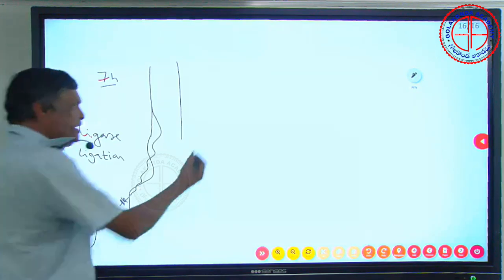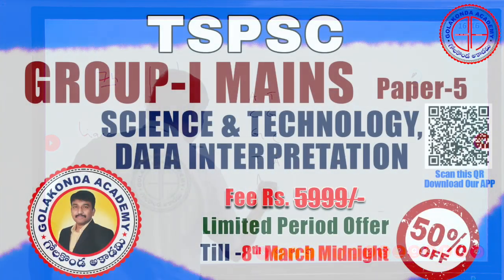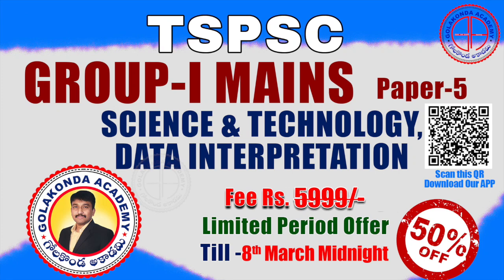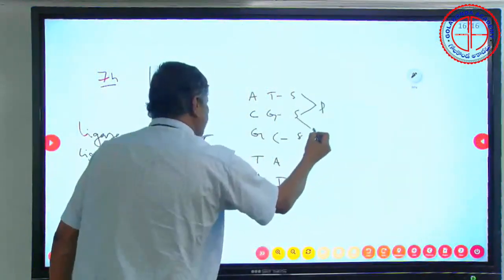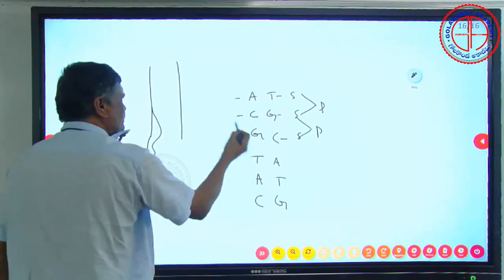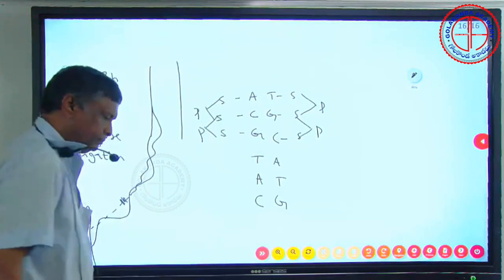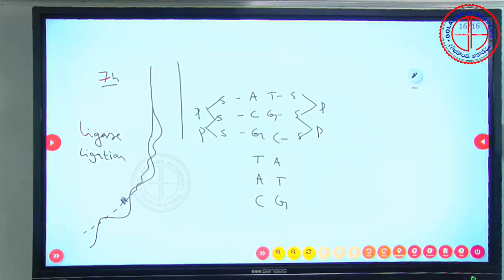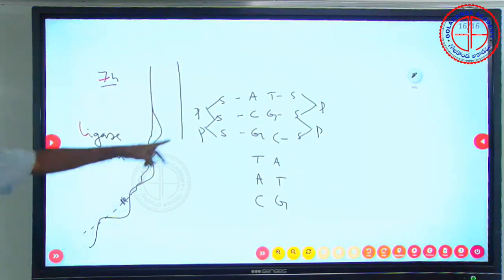What is the method? You see, A, T, C, G, G, C, T, A, T, C, G. For example, you take like this. Then bonds with phosphate. It is a piece. What is this one?